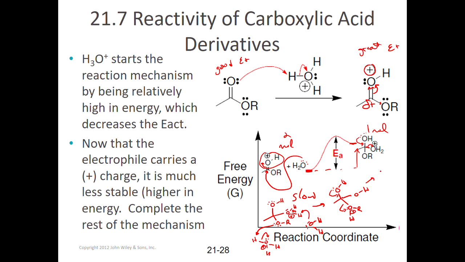So when those electrons swing back in, I get a protonated carboxylic acid and an alcohol. Then a water could pick off this proton. Right? So the net reaction here is this ester is converted into a carboxylic acid and an alcohol.